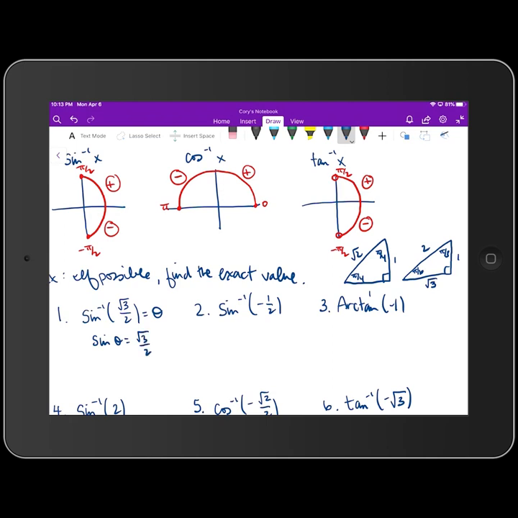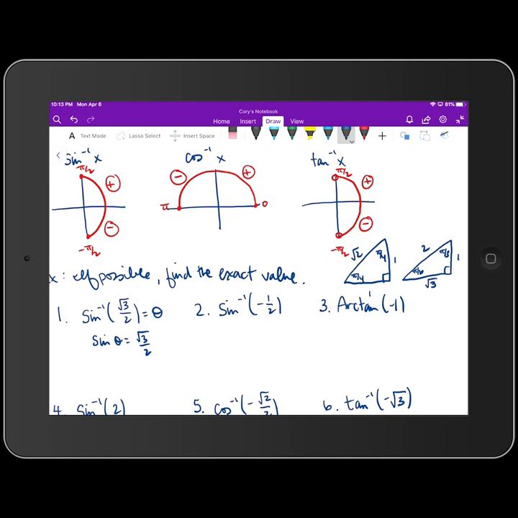So we want to look at our reference triangle on the right. If we look at the 30, 60, 90 triangle, at the angle measure of pi over 3, the sine of pi over 3 is rad 3 over 2. Sine is opposite over hypotenuse, which is rad 3 over 2. So my reference angle there is pi over 3.